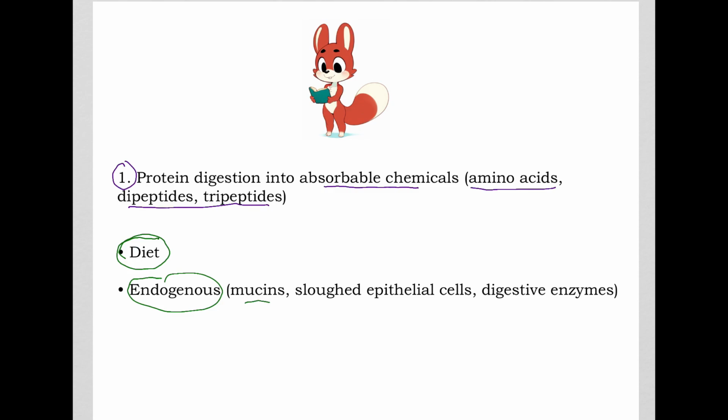Examples of this would be the mucins that are produced by the GI tract, and the epithelial cells that line the GI tract. They are sloughed off very often, and all the proteins in these cells have to be digested. A lot of digestive enzymes are also proteins that are produced by the GI tract that undergo digestion.